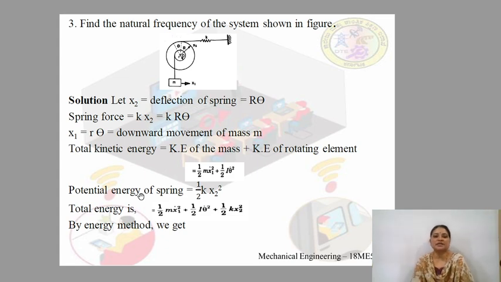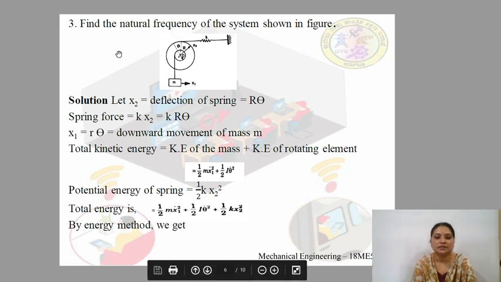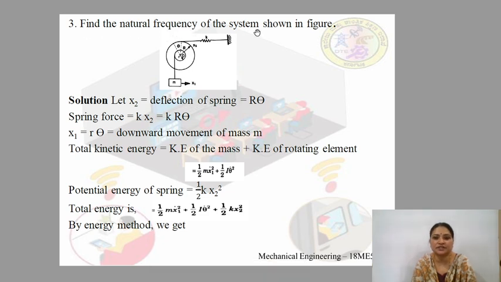We shall take another problem which is again on a spring mass pulley system. Here the question given is: find the natural frequency of the system shown in the figure. Here is a figure given below which consists of pulleys.